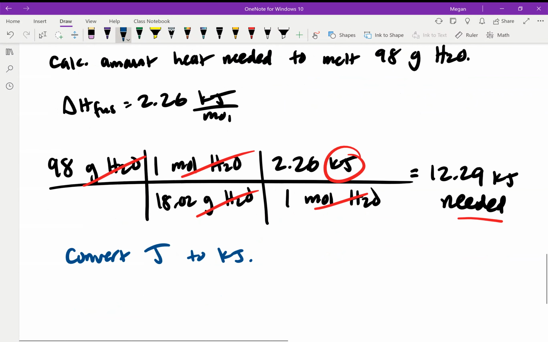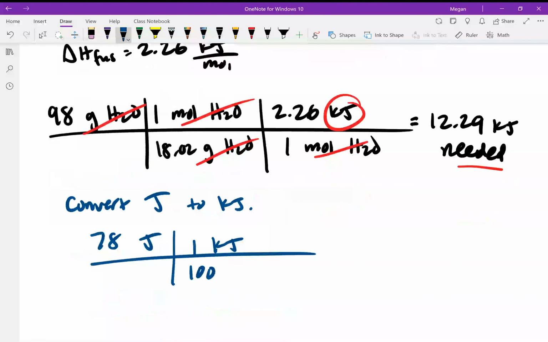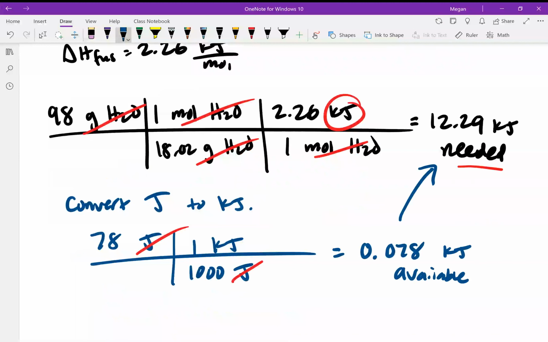So I'm going to choose to convert my 78 joules into kilojoules. I remember that 1 kilojoule is 1,000 joules. So we really have 0.078 kilojoules available. And now we're going to compare that value.